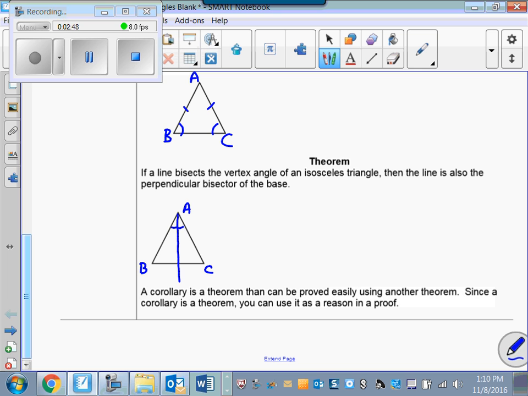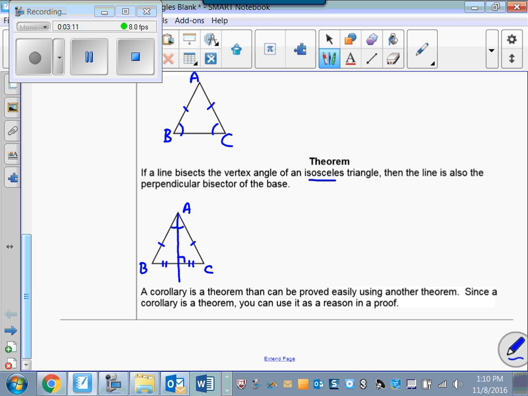If I know I have an isosceles triangle, so I would already have to know that these two sides are congruent, right? Because this theorem says I've got an isosceles triangle. So if this line bisects the vertex angle, then it is also the perpendicular bisector of the base. Perpendicular bisector of the base, that would mean that is congruent to that.